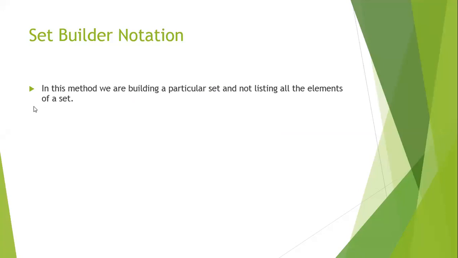Can you use the method of description or the tabular form for this? No, it is impractical and very time consuming. Representing the whole numbers from 0 till 10,000 by the descriptive method or the tabular method is really impractical.